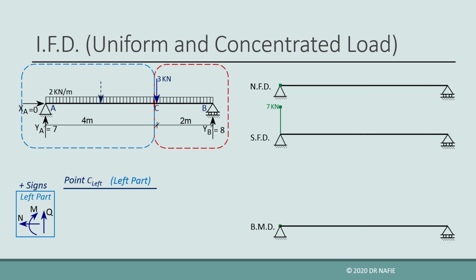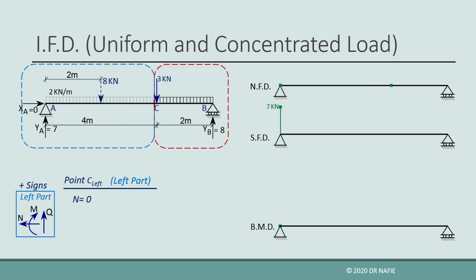We will only use the part that is located in the left part to the left of point C with a length of 4 meters. So the equivalent force will be 2 kN per meter multiplied by a length of 4 meters, giving an equivalent force of 8 kN, located 2 meters from point A.